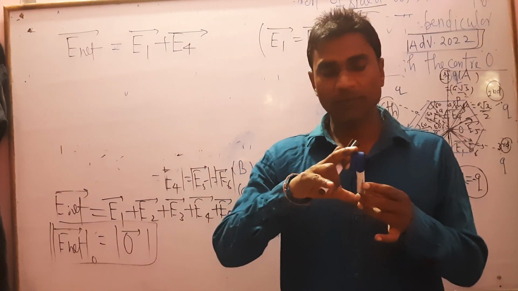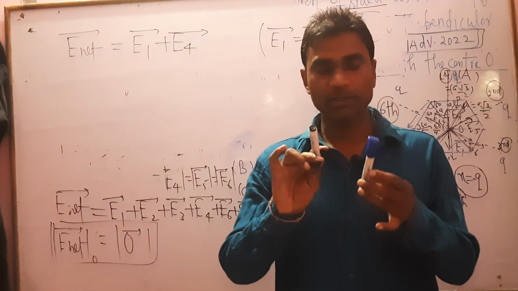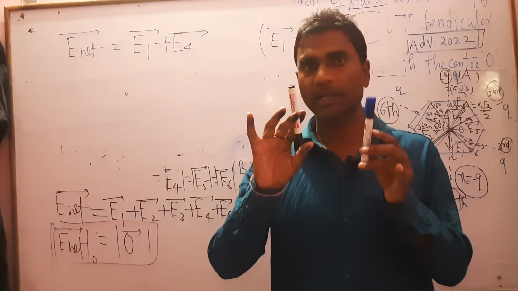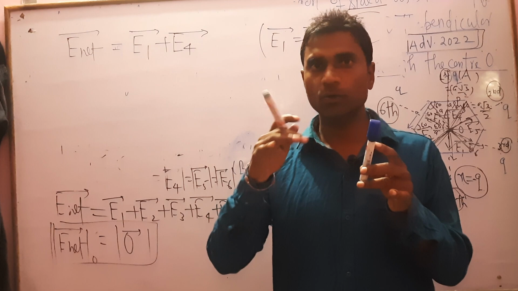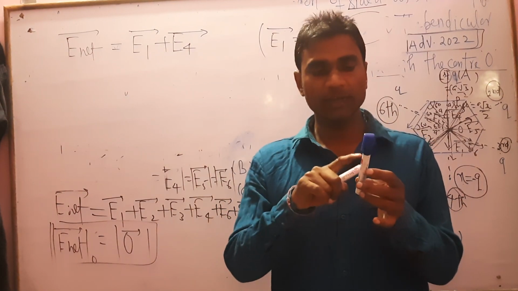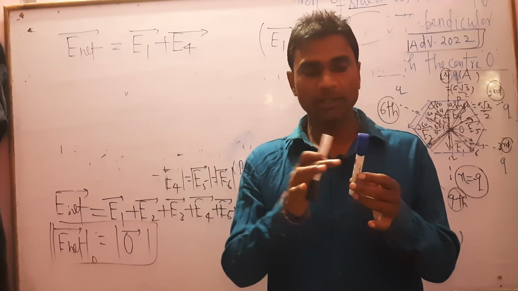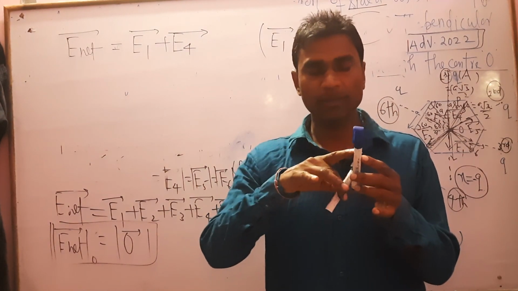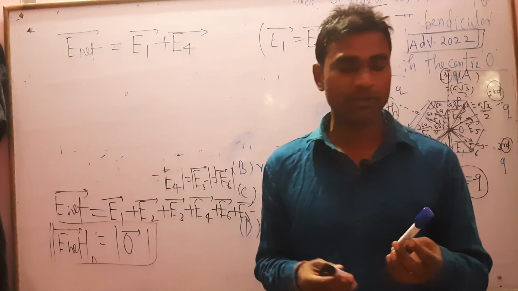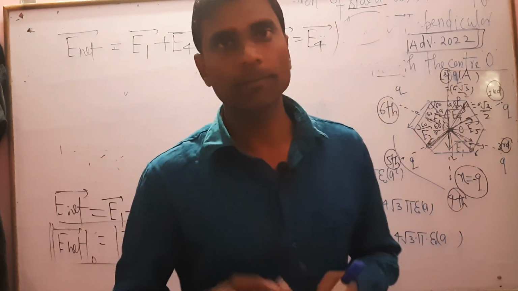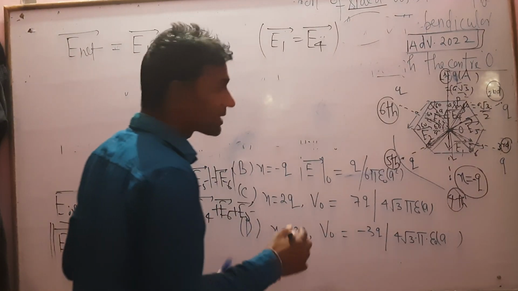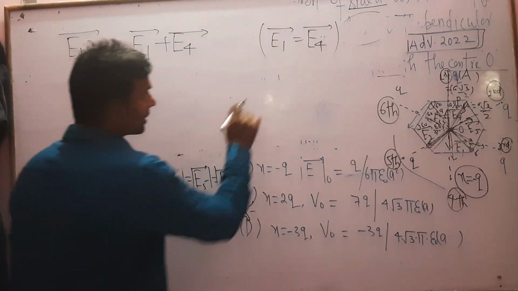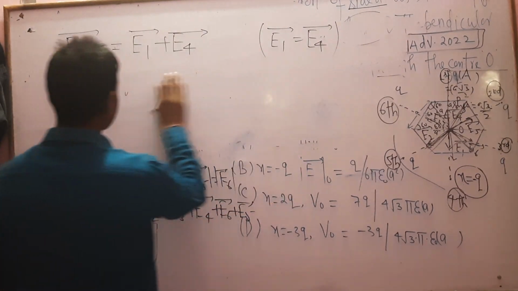If the magnitudes are equal but the direction is opposite, then A vector equals minus B vector. If the magnitude and direction are both the same, then A vector equals B vector. So E1 vector equals E4 vector.